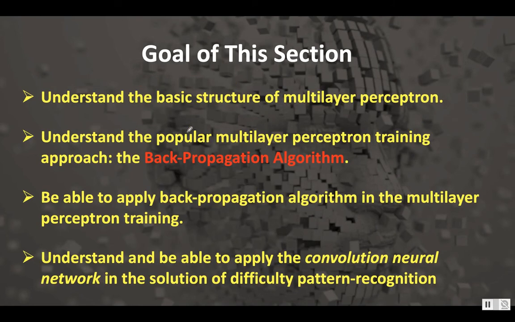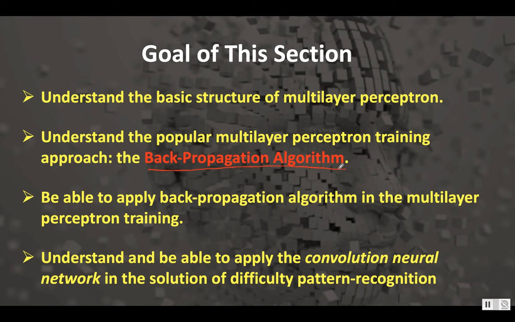Here is the goal of this section. The first is to understand the basic structure of the multi-layer perceptron. Then we need to understand the popular multi-layer perceptron training approach, the back propagation algorithm.